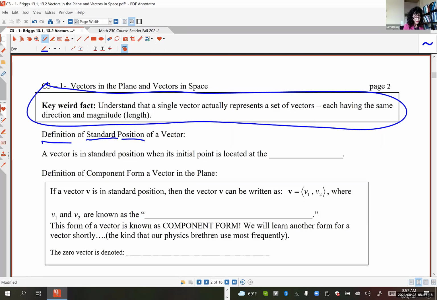Standard position. What does that mean when you have standard position of a vector? The standard position means the initial point, that's the point that doesn't have an arrow on it, is located at the blank. At the blank? What's that? And that is at the origin.